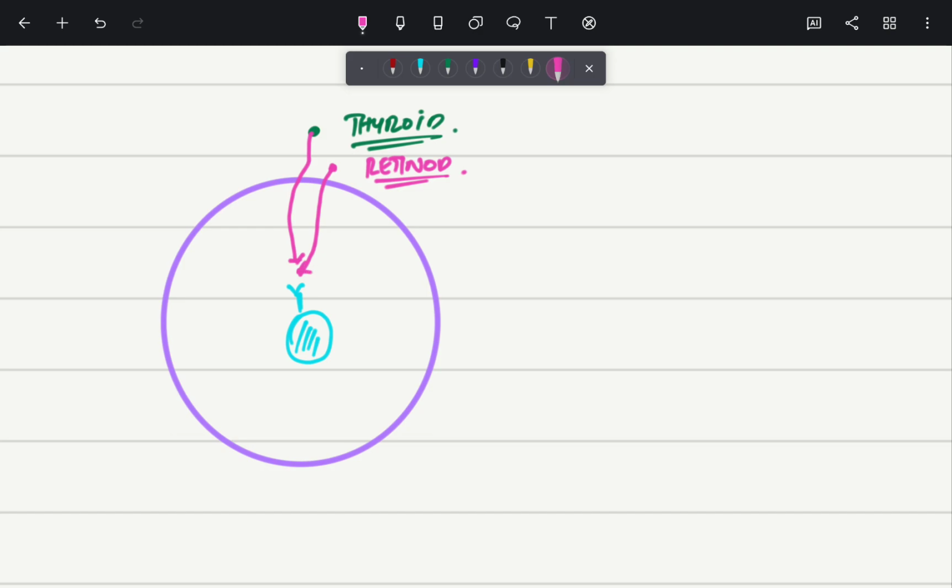Thyroid or retinoid are the hormones which go and directly bind with the nuclear receptors. These are also group 2 receptors, group 2 hormones. Okay, I mean group 1 hormones. So how is this different from the cytoplasmic receptor?